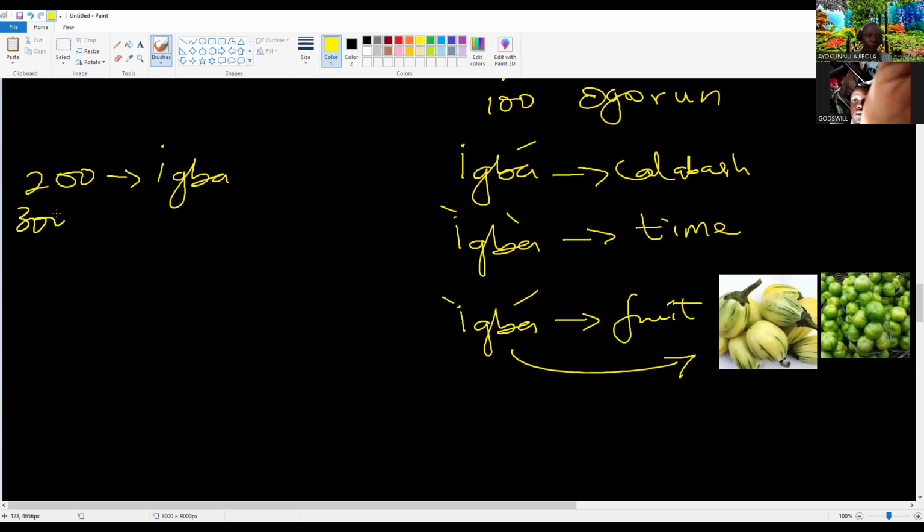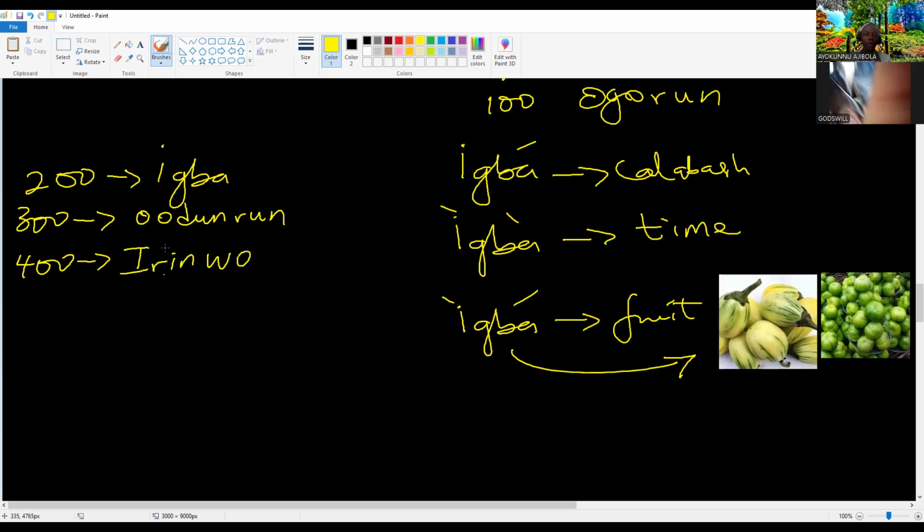Now 300. Instead of saying ọgọ́rùn-ún mẹ́ta, you say ọ̀ọ́dúnrún. 400. Instead of saying igba méjì, which is 200 in two places, you can say irinwó, irinwó, rèrèmí.